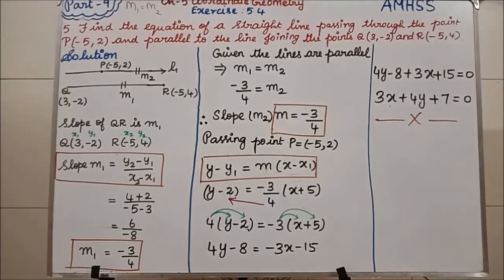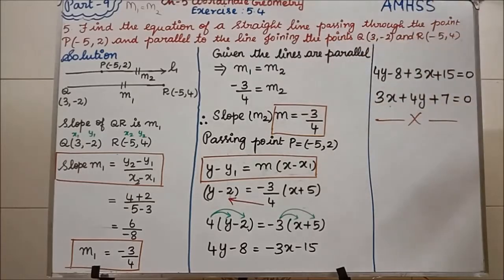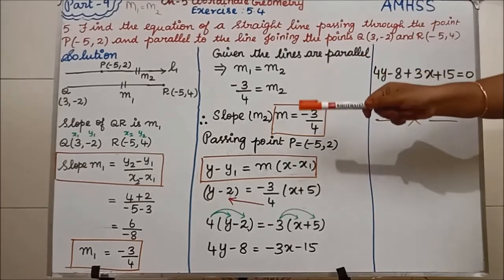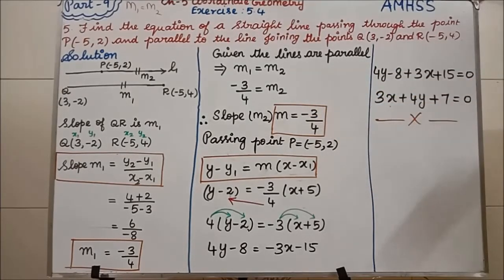Given that the lines are parallel, m1 is equal to m2. The m1 value we got is minus 3 by 4, which is equal to m2. Therefore, the slope m2 we have taken as m. m2 and m are both the same. m equals minus 3 by 4.